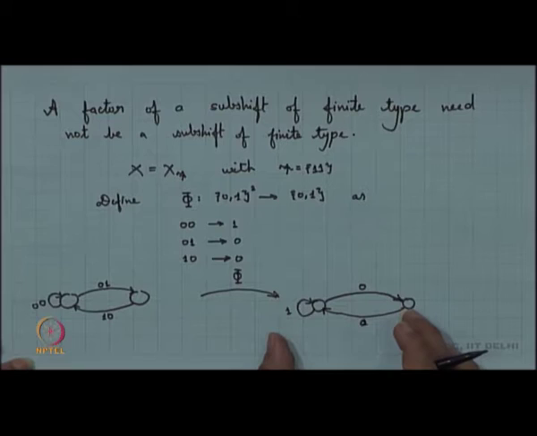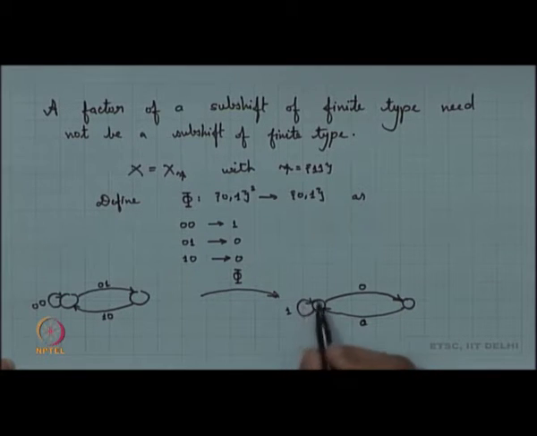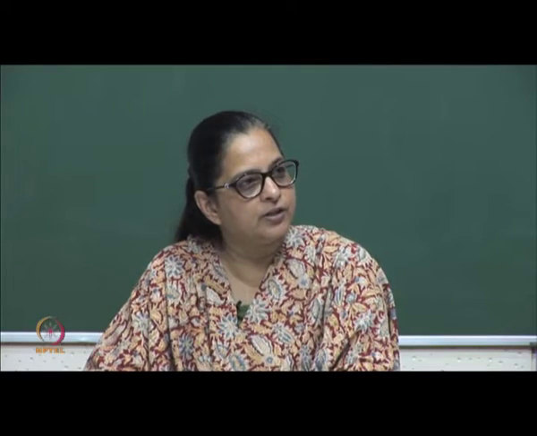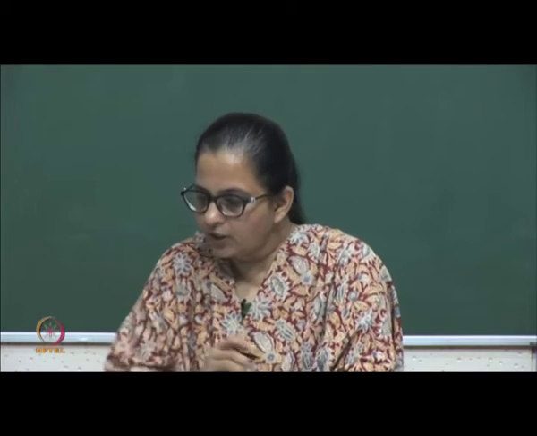Now, if we try to see what this subshift turns out to be, I can have any number of 1s possible, but once I take up a 0, I have to again take back a 0. So my zeros always occur in even steps. I will always have an even number of zeros. So, this is basically my even shift: you have an even number of zeros between any two ones. So, what does this give me?